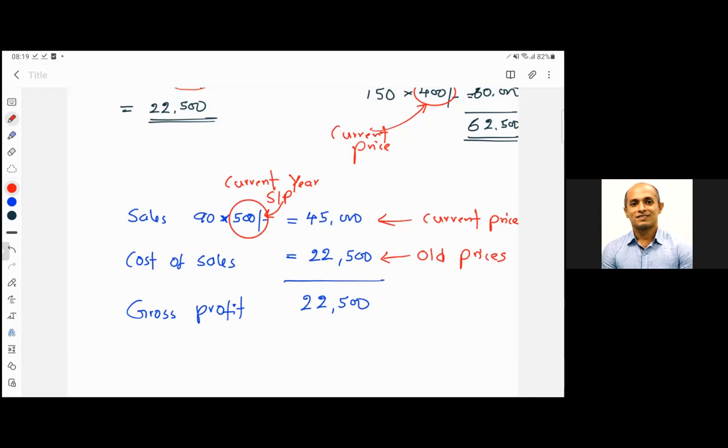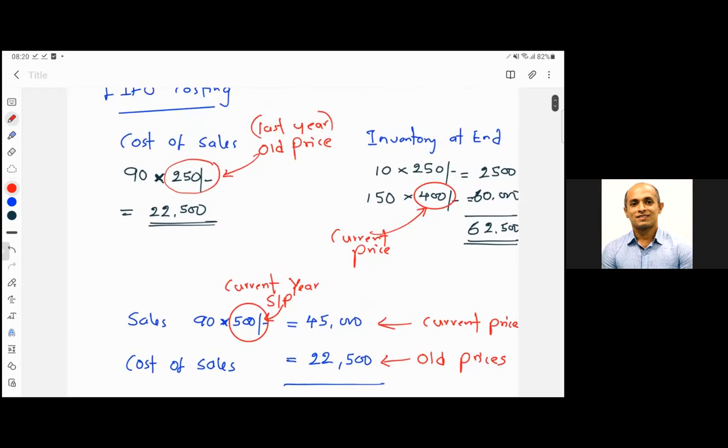The old price is lower than the current price. There's a significant difference: last year the price was 250, but this year the purchase price is 400. The price has significantly increased.